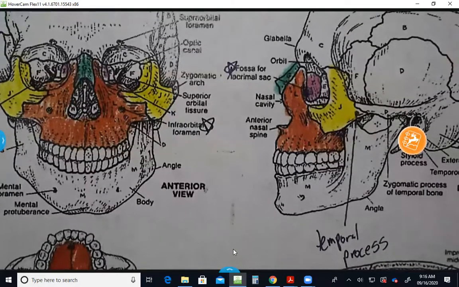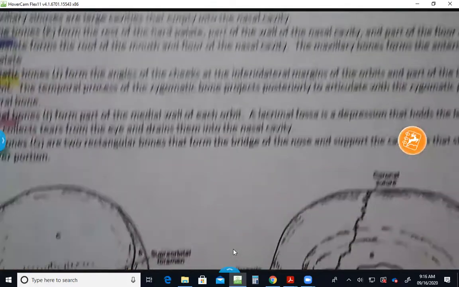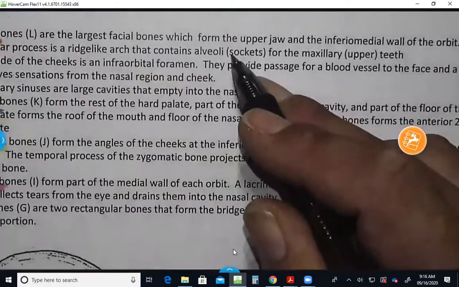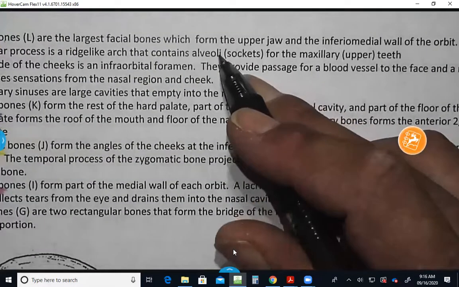Last thing I want to talk about are associated with our teeth, because our maxilla bones and our mandible have teeth inserted into them. The sockets our teeth are inserted into are called alveoli. Alveoli is plural. Alveolus is singular.